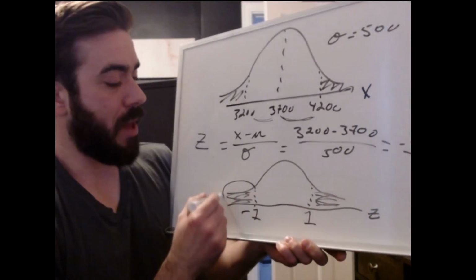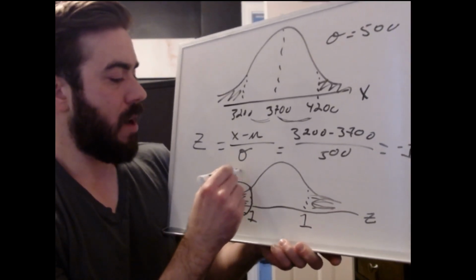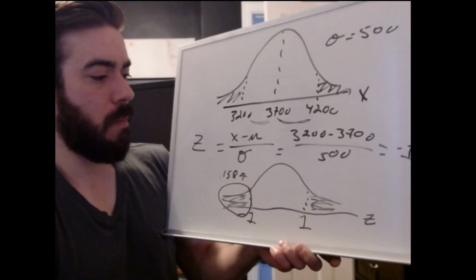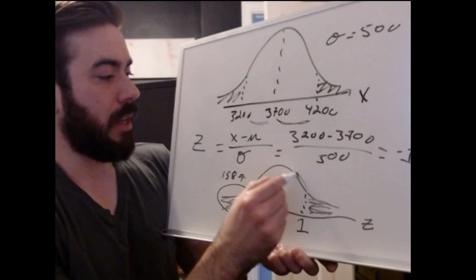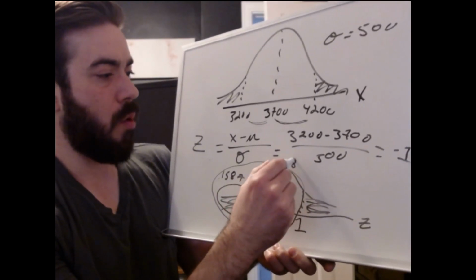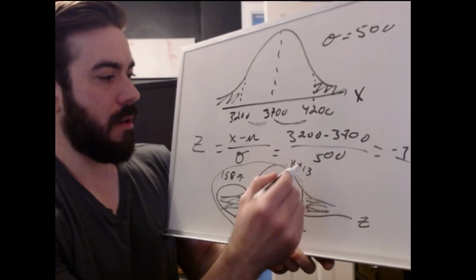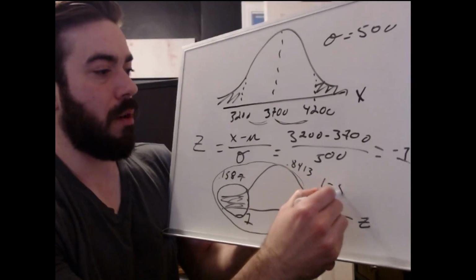We can look up that z-score of -1 on the table. We find it's 0.1587. We can then look up the z-score of 1 in the table. The problem is it's going to give us the area to the left, which is 0.8413, I think. We wanted the area to the right, so we would have to do 1 minus that.